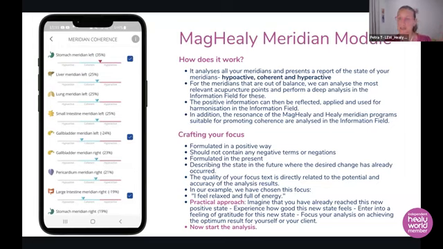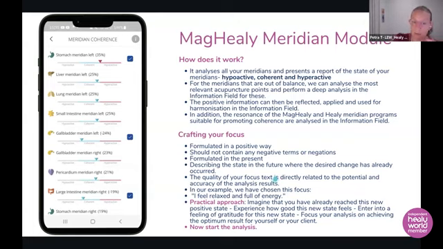Meaning if it's underactive, there's not enough energy going in. If it's overactive, it means there's too much energy being used and it's not being replenished. So if you are doing and overdoing, sooner or later you are going to deplete the energy in that meridian and it's going to move into underactive. So just have that in mind.